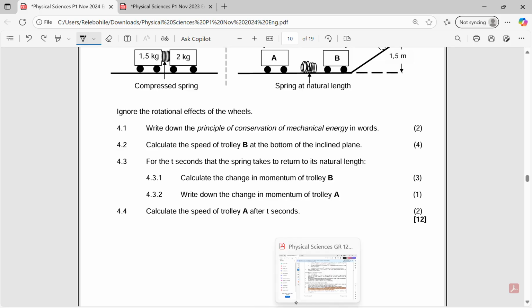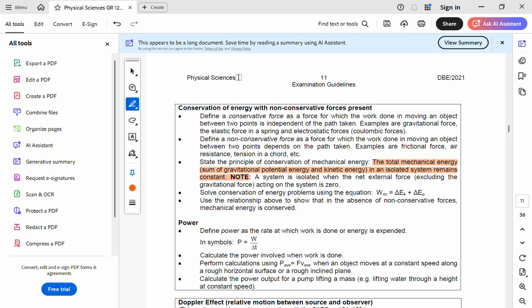I'm just going to open the exam guideline to show you the definition quickly. So the definition of the principle of conservation of mechanical energy is as follows: the total mechanical energy in an isolated system remains constant, or you could say is conserved.